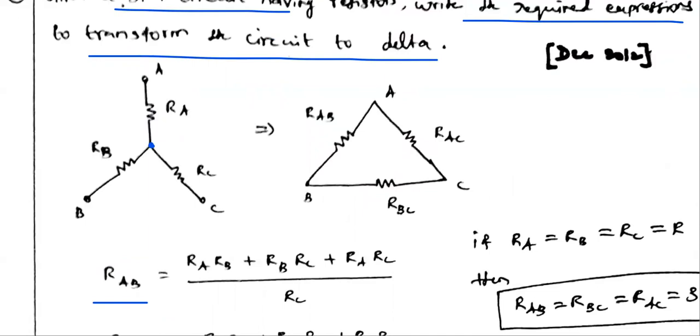And similar to the previous case, if the resistance values RA equal to RB equal to RC, these three resistance values are equal, what is the value of RAB, RAC, RBC?